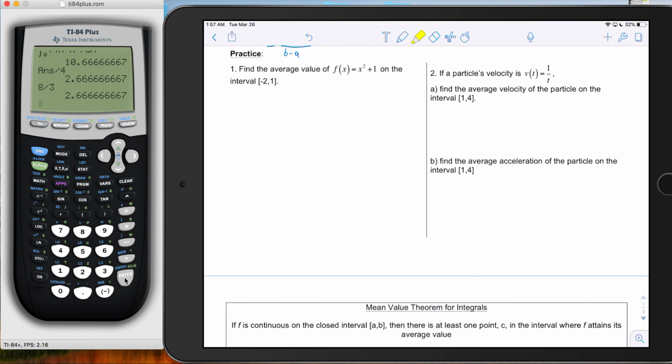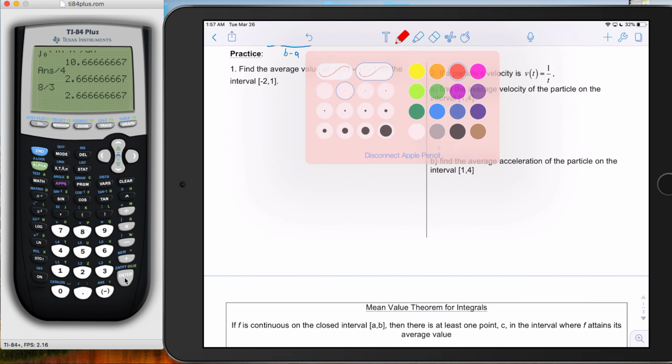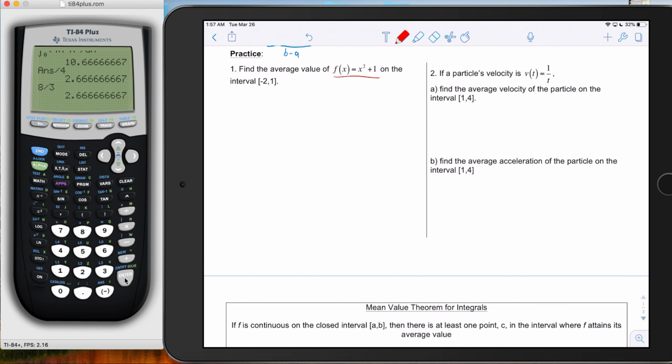Let's find the average value of this function here. Now I don't really like memorizing formulas, so I just know the concept that the area of the curve and the area of the rectangle are always going to equal each other. The area of the curve is just the integral from -2 to 1 of my function x squared plus 1 dx.